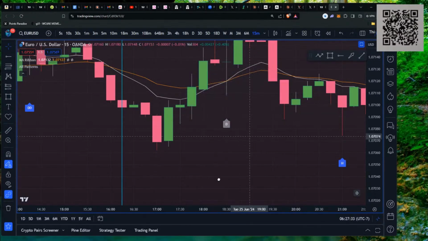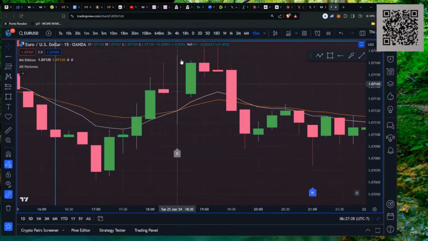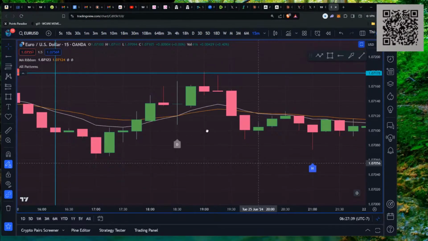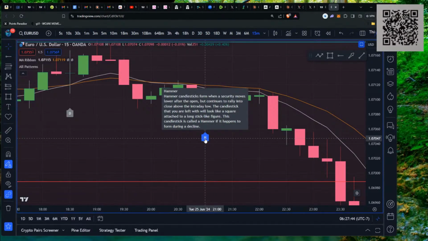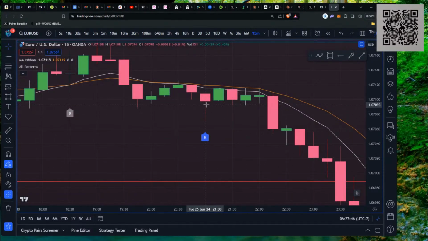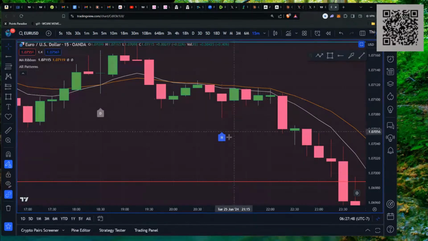It just marks out dojis. You have a doji right here, which in this sense is just market indecision. Great way to learn. Yeah, this is definitely a good way. This is a hammer. Again, it depends on what the next candle does, but a hammer can be bullish or bearish.